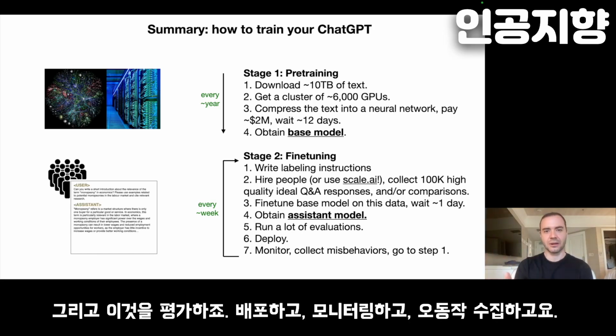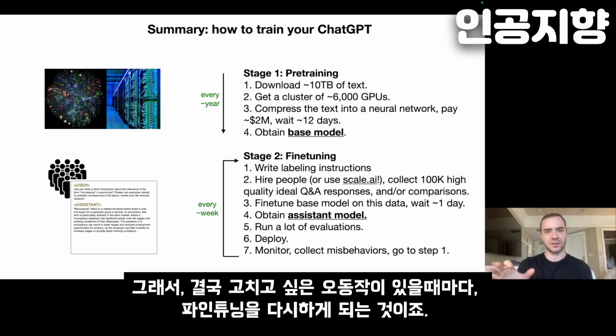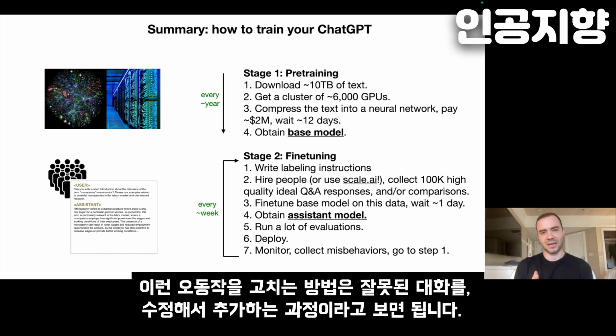Then you run a lot of evaluations, you deploy this, and you monitor and collect misbehaviors. For every misbehavior, you want to fix it, and you go to step 1 and repeat. The way you fix the misbehaviors, roughly speaking, is you have a conversation where the assistant gave an incorrect response. You take that and ask a person to fill in the correct response.